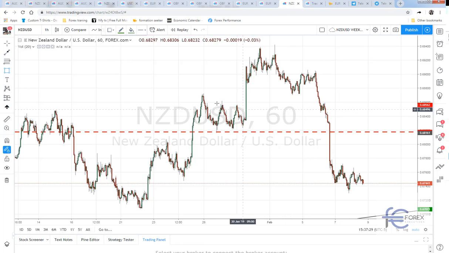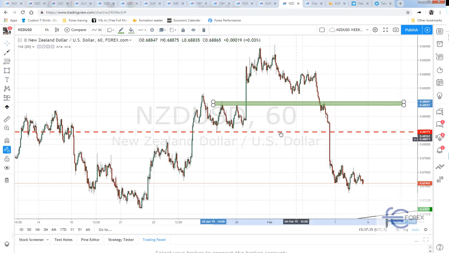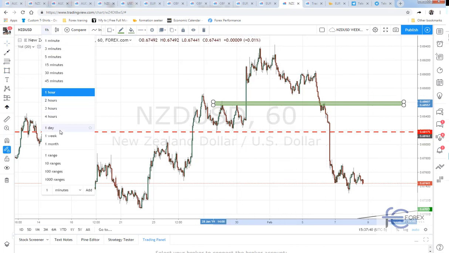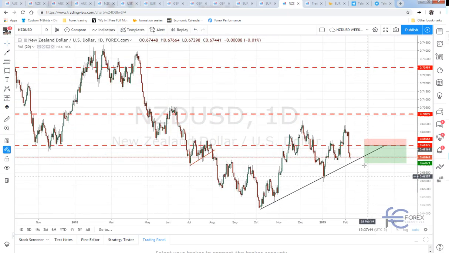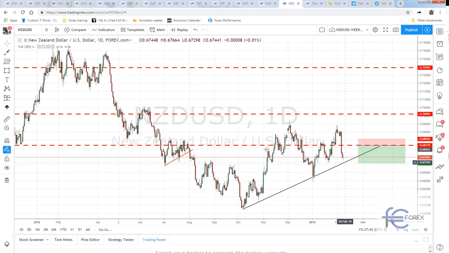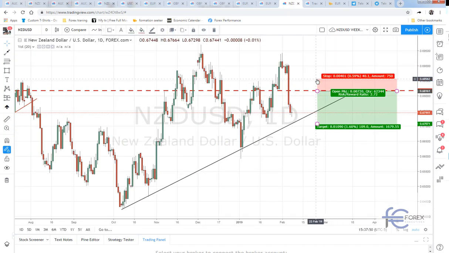I'm talking about this area right here. 68.55, that's a good place to have your SL. Let's go to the daily. So we want our stop loss at 68.55.